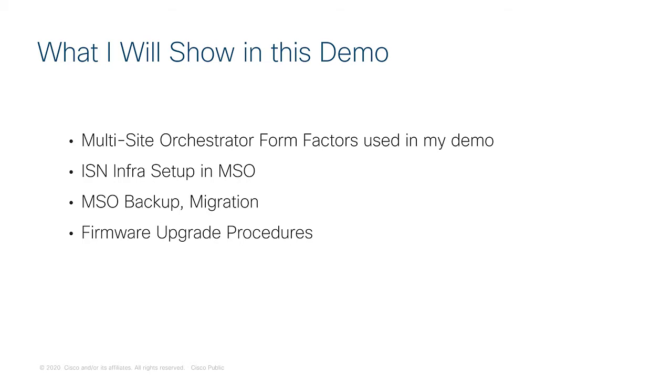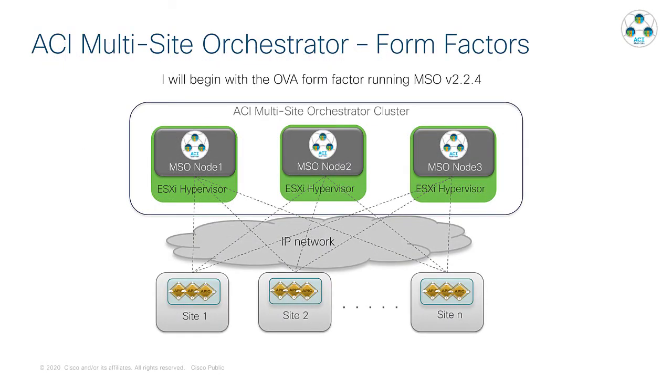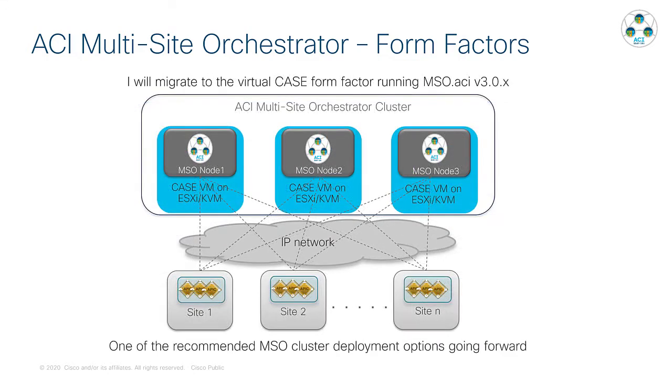of MSO. In my lab, I'm going to begin with a version of Multi-Site Orchestrator using what's called the OVA form factor. So this is just MSO nodes running on an OVA on an ESX hypervisor as shown in this image here. I'm going to do all the configuration around the infra for the demo, but then I will migrate to a brand new Multi-Site Orchestrator cluster running MSO ACI version 3.0 something.